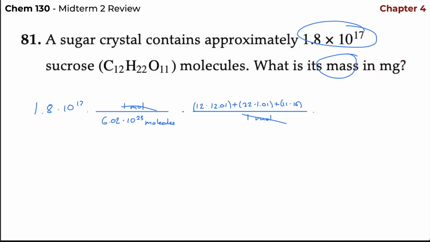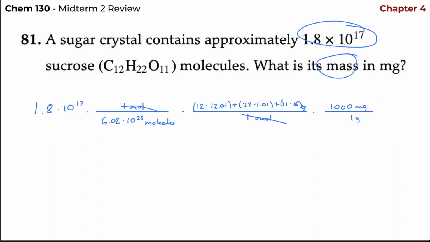So we have to add one more thing into our big equation. We have grams over here, so we need a way to cancel out the grams and make it milligrams. We know that 1,000 milligrams is 1 gram.